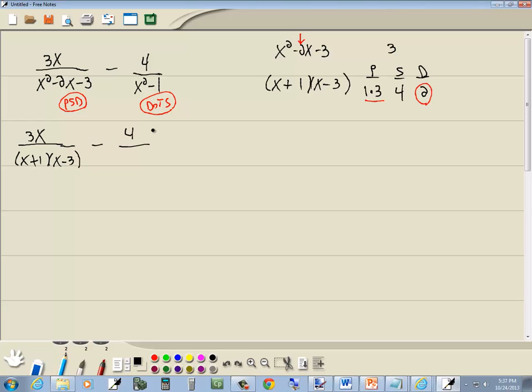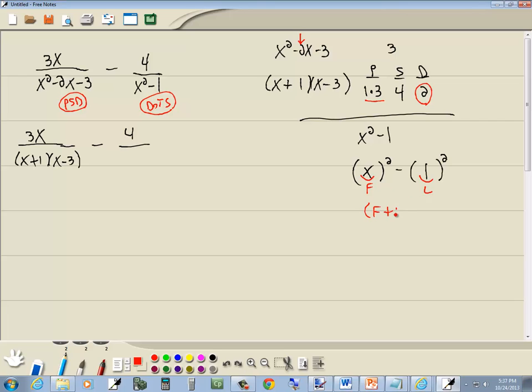Minus 4 over, now, x squared minus 1. We said difference of two squares. With two terms and a minus, I try to write it as something squared minus something else squared. Now we look at each individual piece and ask ourselves what times itself gives us that. x times x gives us x squared, and 1 times 1 gives us 1. Now I'm going to label what's inside the first set of parentheses as F for first, and what's inside the last set of parentheses as L for last.